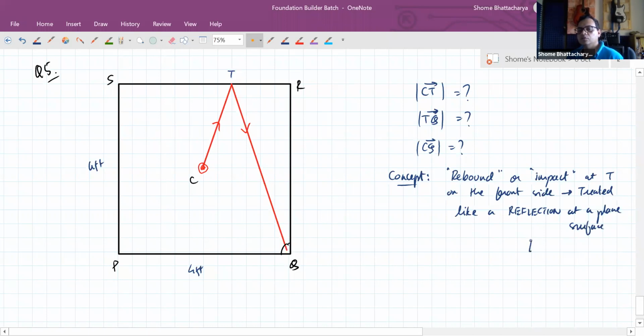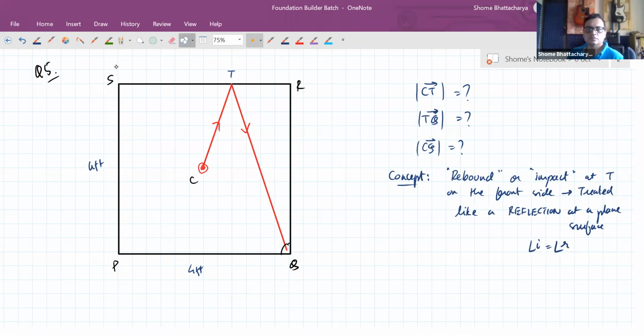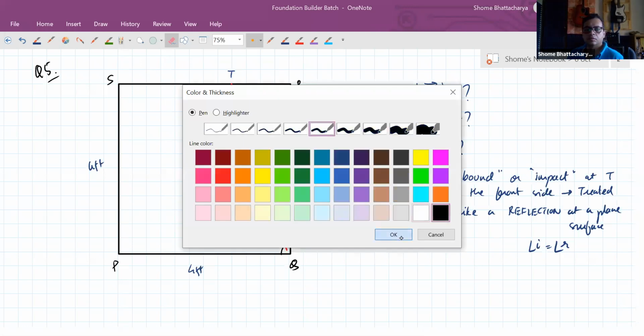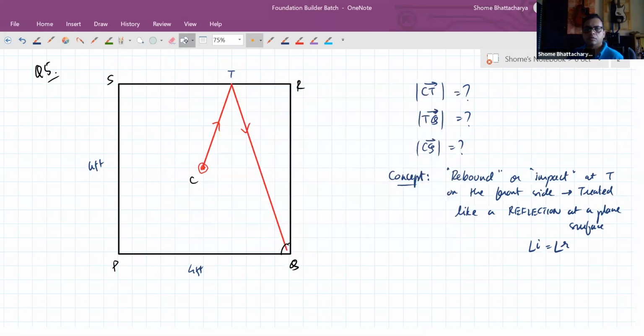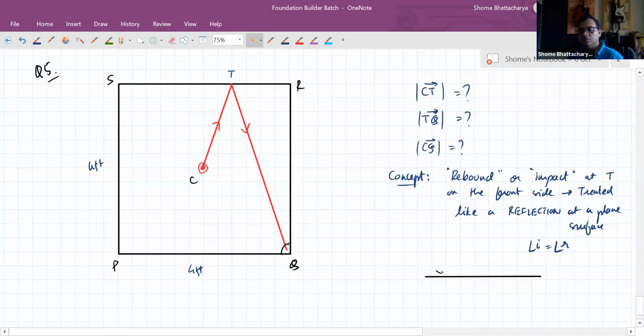So that is angle of incidence is equal to angle of reflection, that concept. Okay, so in other words, we are going to treat the front surface like a plane mirror.